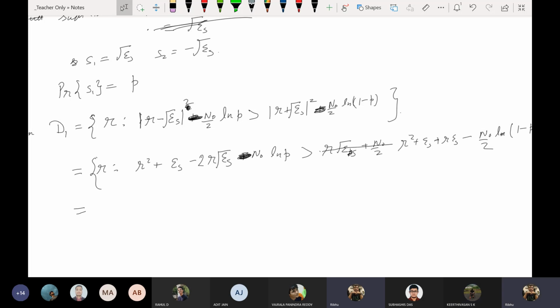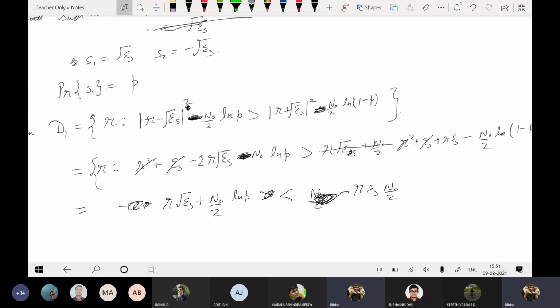So it cancels. Plus N naught natural log of P is greater than or less than.